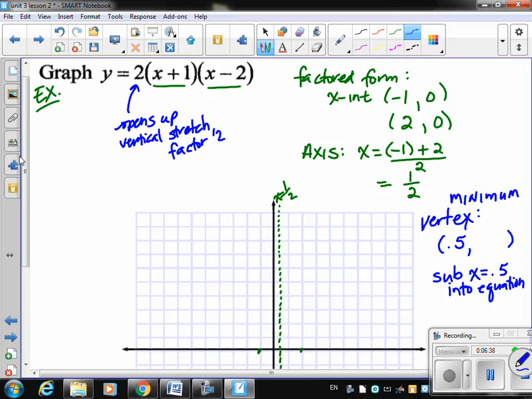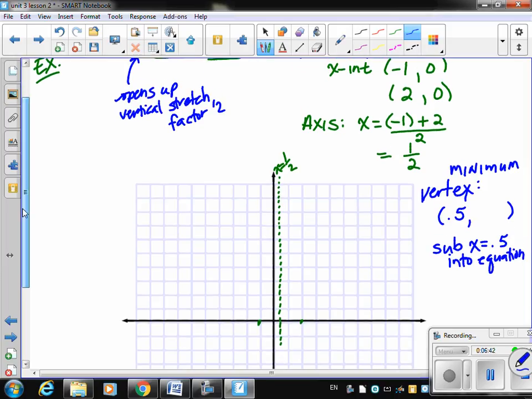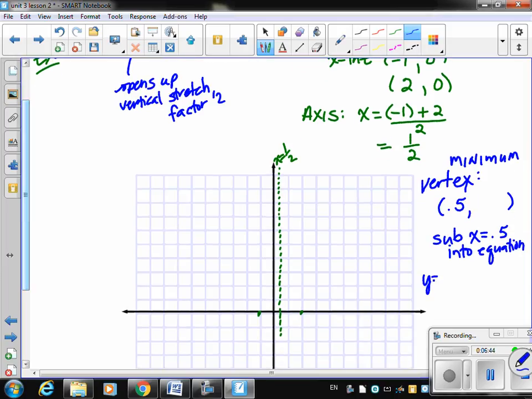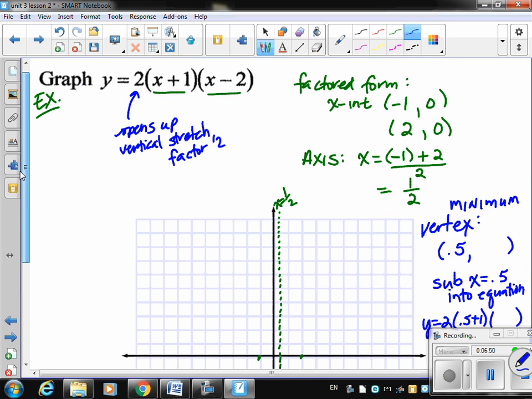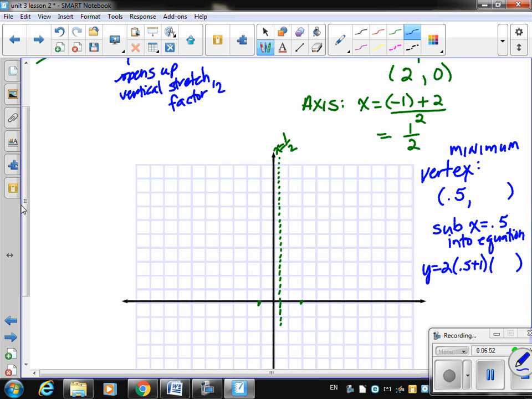Okay, if I put 0.5 into that equation, I have y equals 2 times 0.5 plus 1, and 0.5 subtract 2. So I'm going to find the point on the parabola when x is 0.5. 1.5 and negative 1.5.